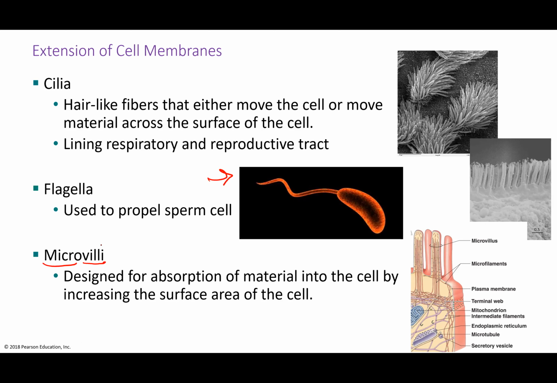And these actually work to increase the surface area of the cell and allow more absorption through the microvilli. So one of the places you would find this would be lining the digestive tract. And you have these microvilli that increase the surface area of the cell, which then increases the ability of that cell to absorb nutrients in through the digestive tract.